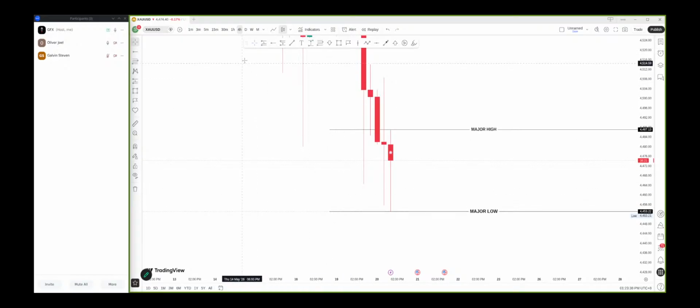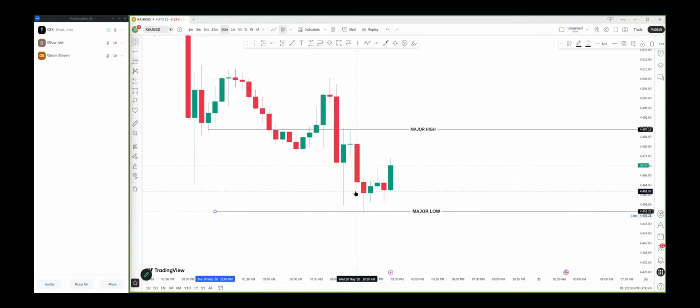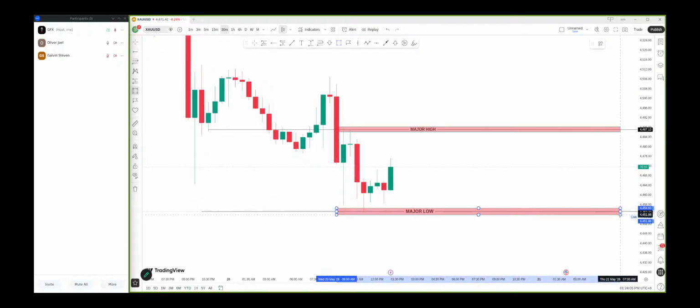So that's your major high and major low. This is your 30-minute time frame. So in order for us to execute a type B buys, type B sells, whatever it is, you need to see price rejecting these two key levels. That's very important. If price is not rejecting this area, then there won't be a trade for you.